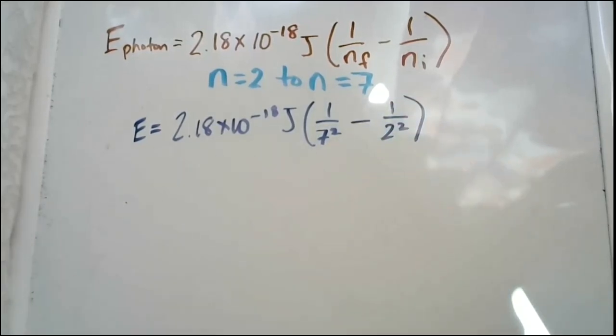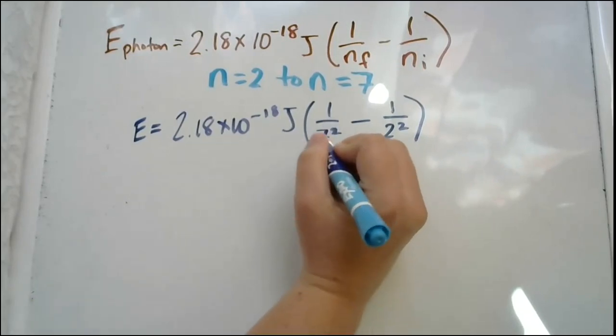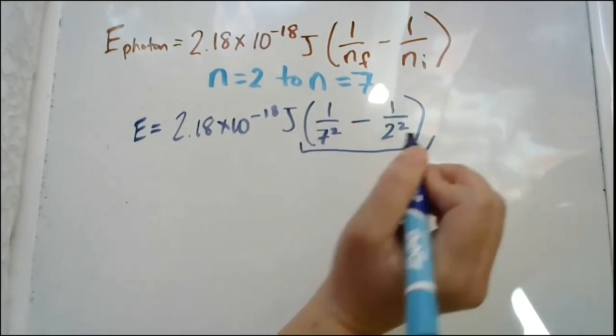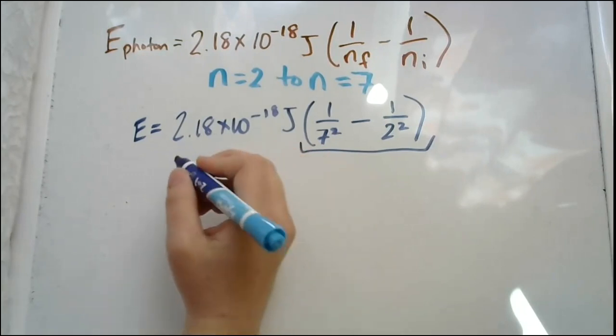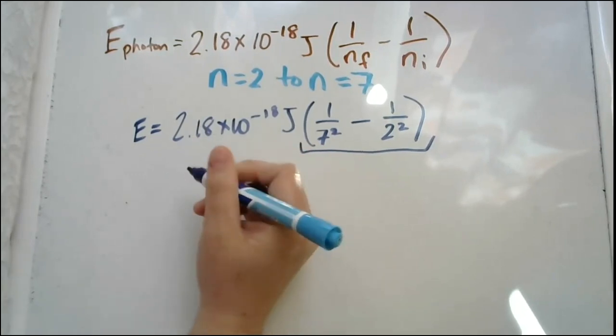Okay. And now I want to actually get a value for this. So 1 divided by 49 minus 1 divided by 4.